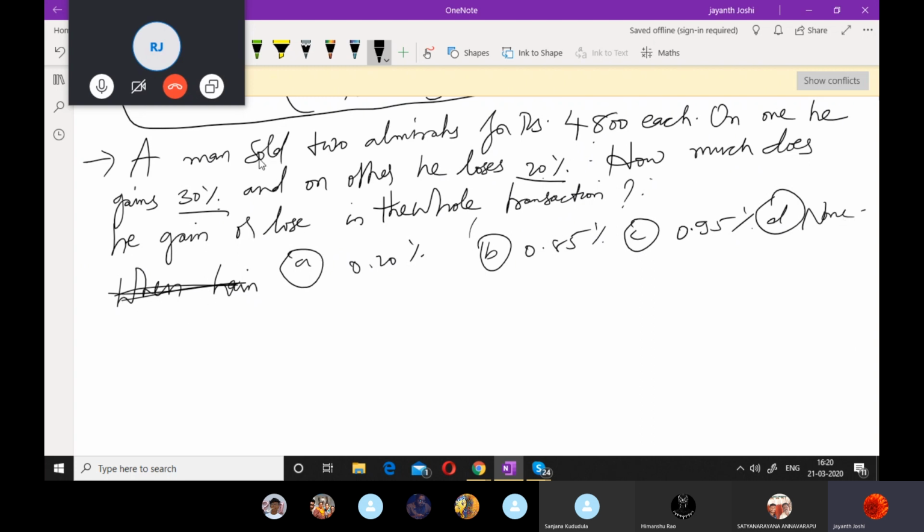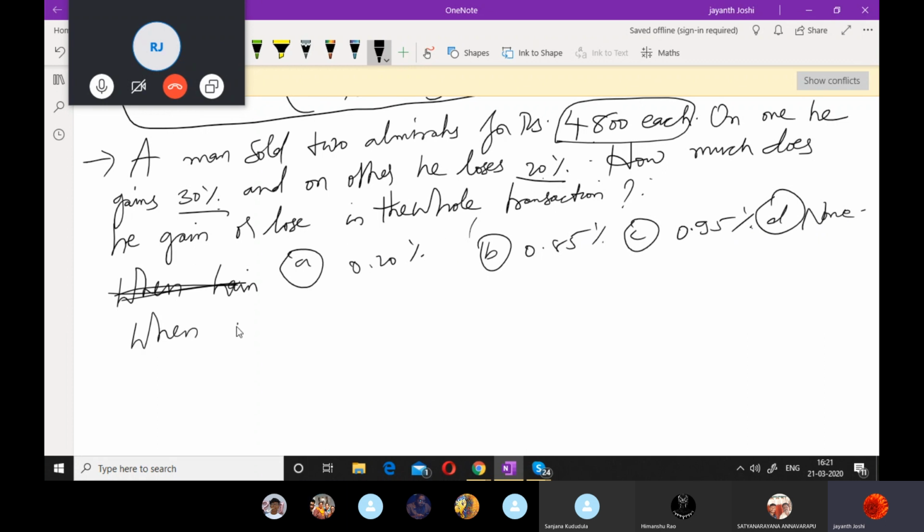Here the combination has changed. He is selling two almirahs, a similar kind of good, and the price of both is the same, 4,800 each. But there the profit percent and loss percent were the same. Here the loss percent and profit percent are different. We need to find the gain or loss, and the answers are given in terms of percentage. So in that case you need to apply this formula which I am giving.